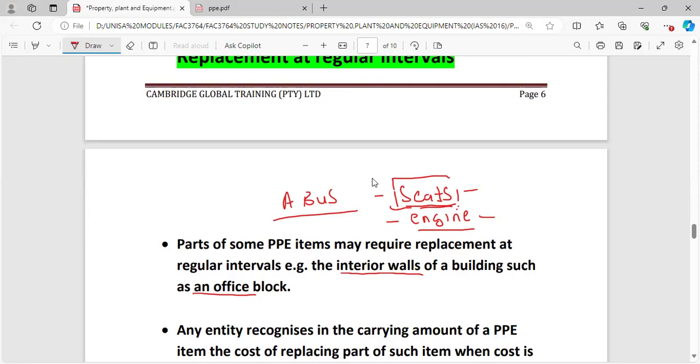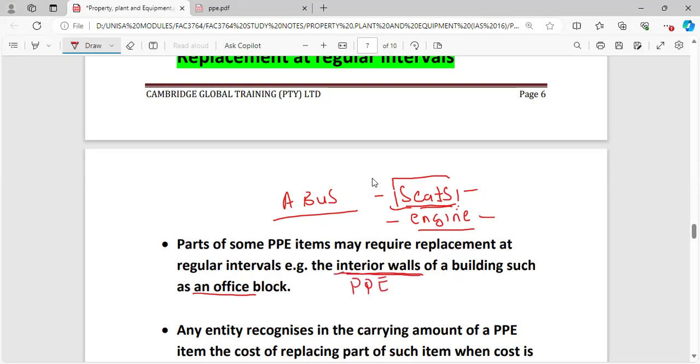So when we do our depreciation, we need to separate them so that we know the building has a longer lifespan and the interior walls have a short span. So we separate them, and every time we replace the interior walls, the old ones, we derecognize them from our PPE.